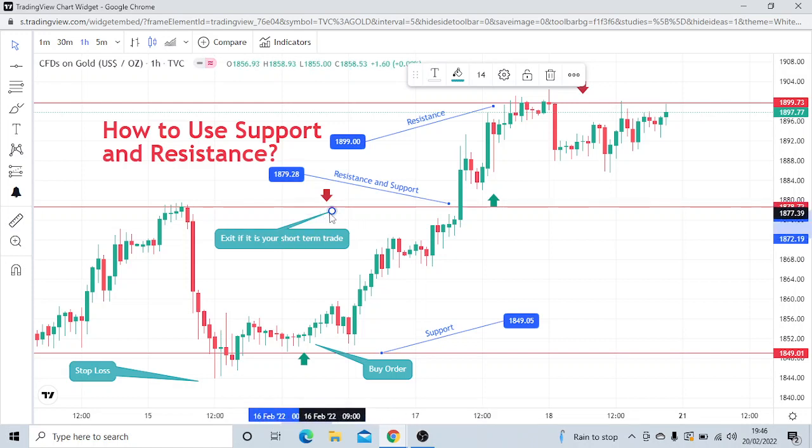But if you are not a short-term trader, what you need to do is change your stop loss from here to just 1/4 of this area. Just count how many dollars from here to here, and take 1/4.